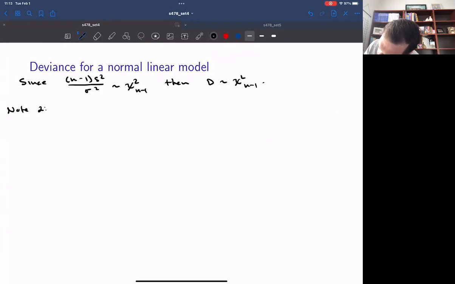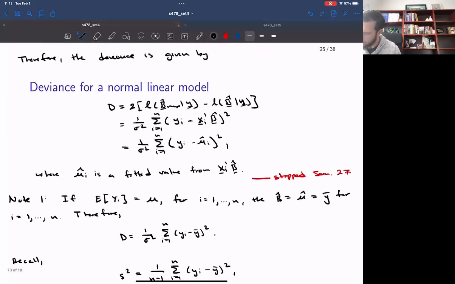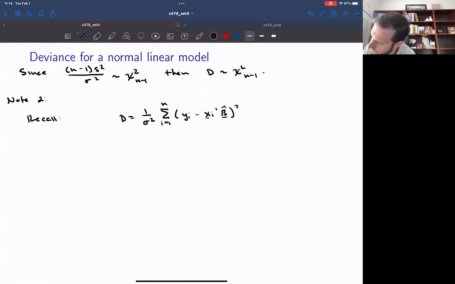Here we can say, recall that D is equal to 1 over sigma squared times the sum from i equals 1 to n of (y_i minus x_i transpose beta hat) squared.